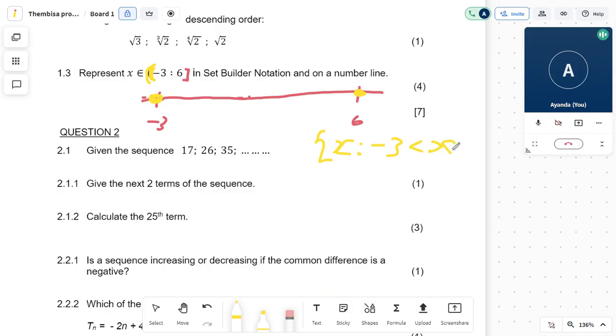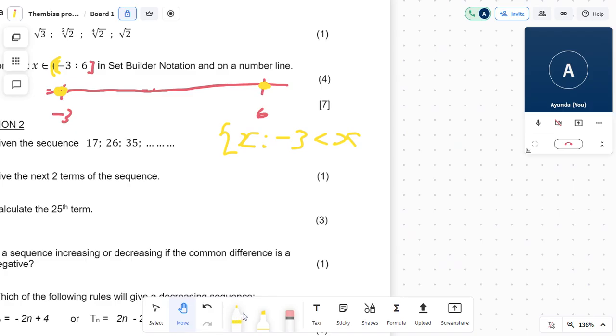X needs to be greater than -3 since it's not included, but it must be less than or equal to, since it's included, to 6. And very importantly, we need to express that x is an element of real numbers. And that's it.